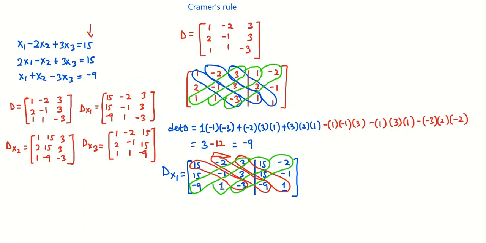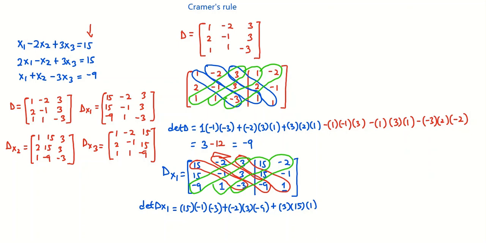So now let's go ahead and find the determinant. So we are going to have the determinant of dx1 to be equal to 15 multiplying minus 1 multiplying minus 3. That's the first diagonal from the top left, and then you're going to have plus minus 2 multiplying 3 multiplying minus 9. Then you're going to have plus, which is the last diagonal from the top left, plus 3 multiplying 15, multiplying 1.